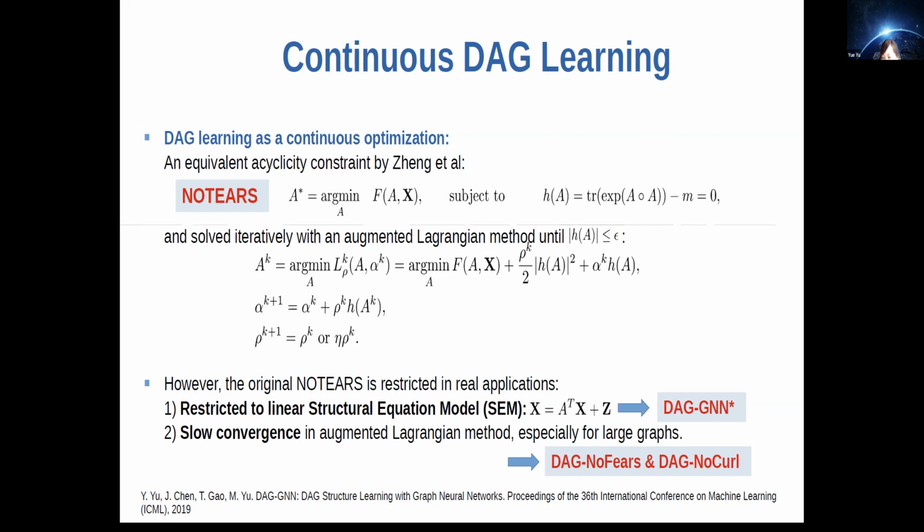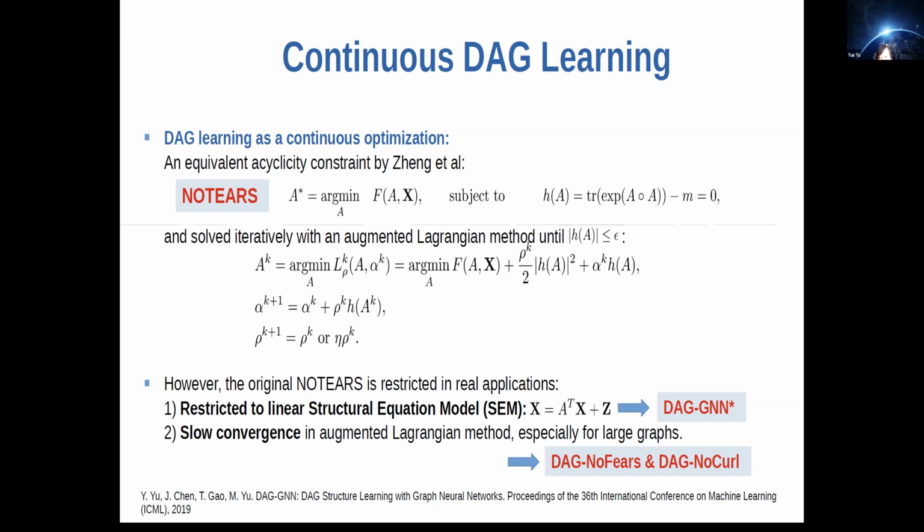Thanks, Lu. That's a great question, and that's exactly what we try to resolve in one of our methods. Based on that, we propose three types of methods. The first two methods handle this slow convergence issue, which we call DAGMA and the diagonal variant. And then the last method, if I have time, I will also explain.